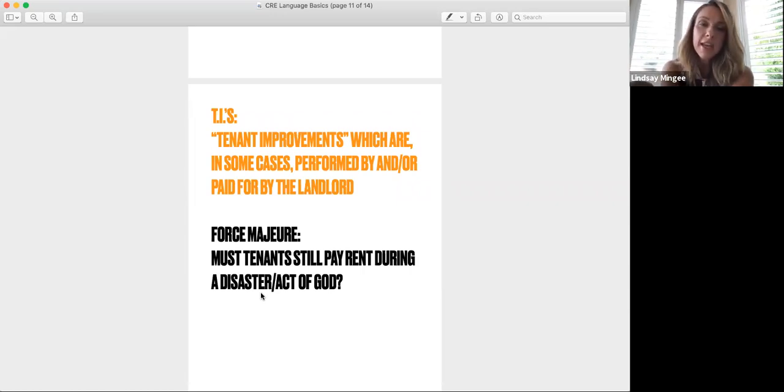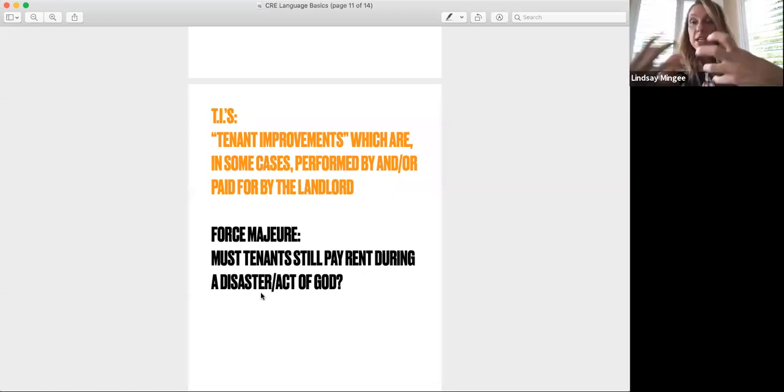If you own a building and you're going to build the inside of your building out so that a dentist can utilize it for his dentist office, at the end of the day, I own the building, I own all of those improvements. I want to control that process, right? So me, the landlord, I'm going to pay for them, and I'm going to have my contractors come build it, right?